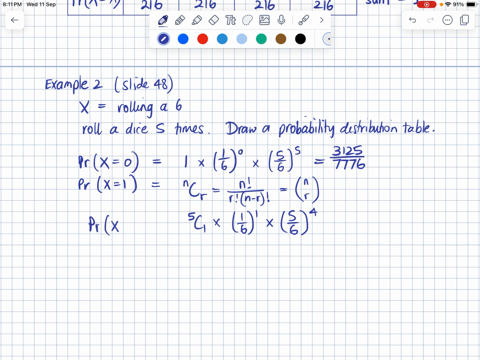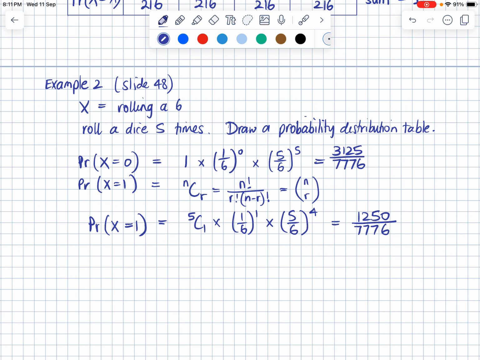So my most efficient way, if I want to find the probability that the number of 6s is 1, is the combinations multiplied by the probability of getting 1 6 multiplied by the probability of getting 4 not 6s. If you put this onto your calculator, again I'm going by memory, hopefully I've remembered it correctly, 1,250 out of 7,776.